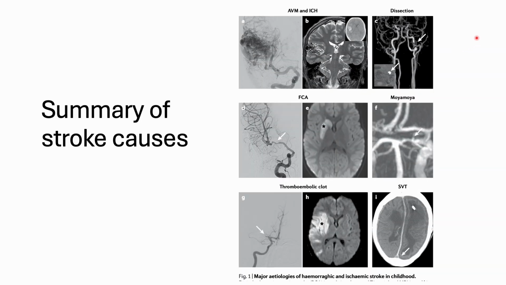This is just a slide to show the summary of varying etiologies that can cause stroke, including hemorrhagic etiologies, dissection, focal cerebral arteriopathy, Moyamoya disease, and also thromboembolic clots from a cardiovascular source, as well as CVST. So these are the kind of etiologies that we've covered in today's lecture.